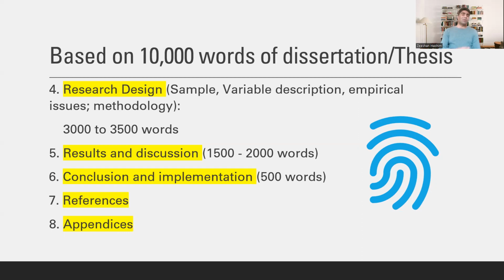And remember, don't put a section number on the conclusion and implementation. Mostly people don't do it, but if you do it in the dissertation, nobody will mind. But my suggestion is to keep the conclusion without the numbering.